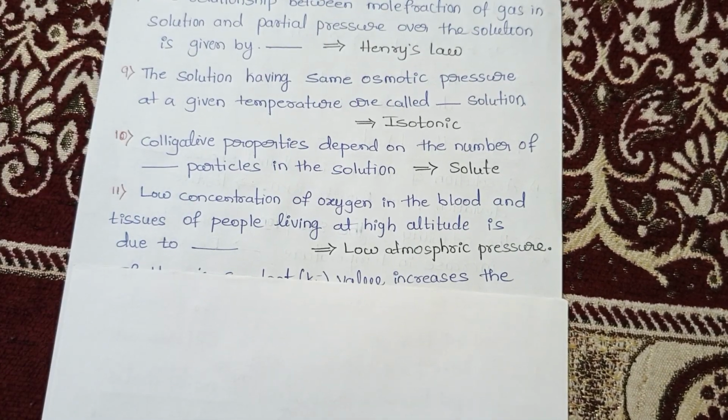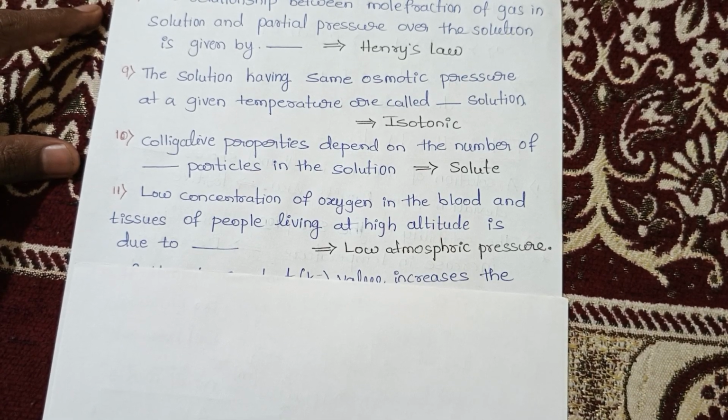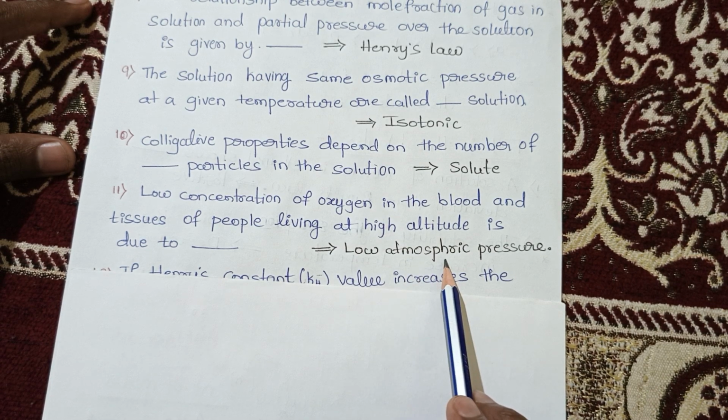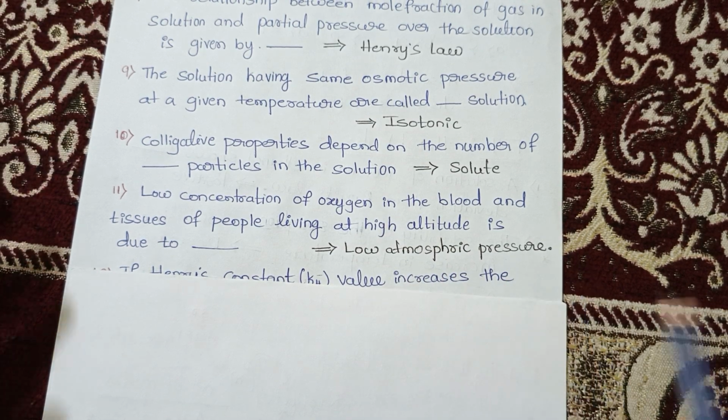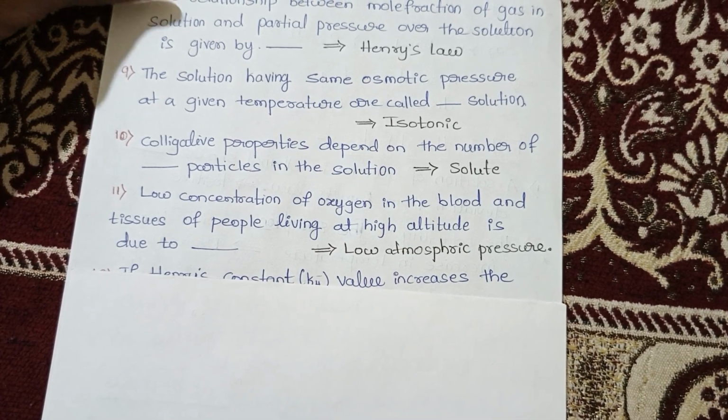The next one: the low concentration of oxygen in the blood and tissue of people living at high altitude is due to low atmospheric pressure. This is already there in your NCERT book, you just have to go through that.